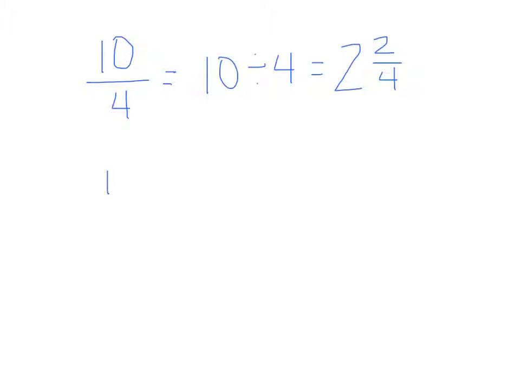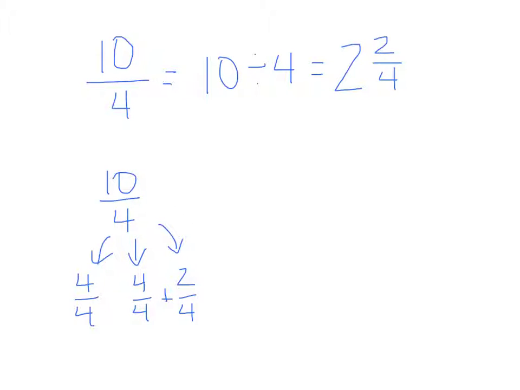Think about this: 10/4, we get 1 4/4. We're left with 6/4. We can pull out another 4/4, and now we have only 2/4 that are left. 4 plus 4 plus 2 is 10. And then they're fourths.